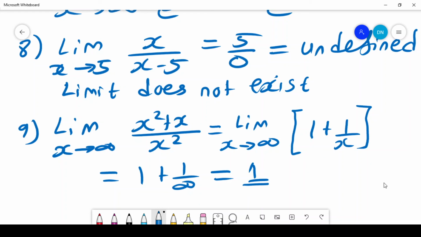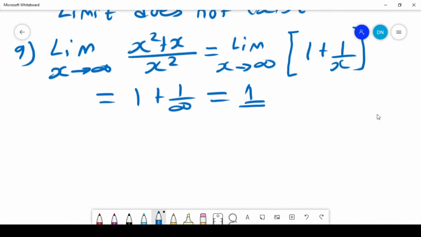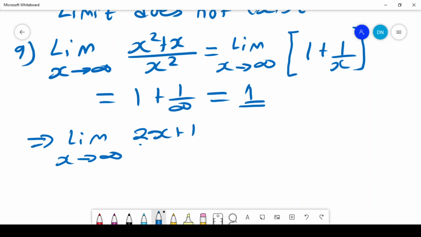I could have still used L'Hopital's rule because infinity over infinity is also tricky. If I was to use L'Hopital's rule, it will be the limit as x tends to infinity. I differentiate the numerator, it will be 2x plus 1. I differentiate the denominator, it will be 2x.